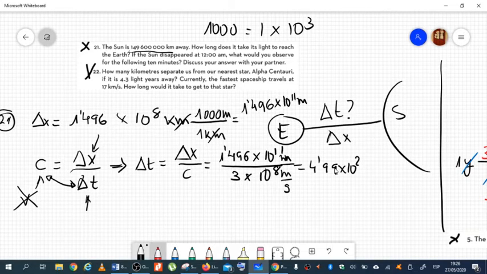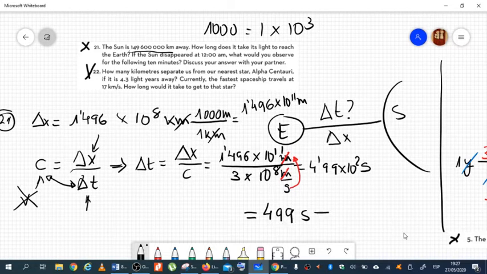So notice that we cancel meters, and seconds go to the numerator. So we have seconds. If we take the scientific notation out, we have 499 seconds.